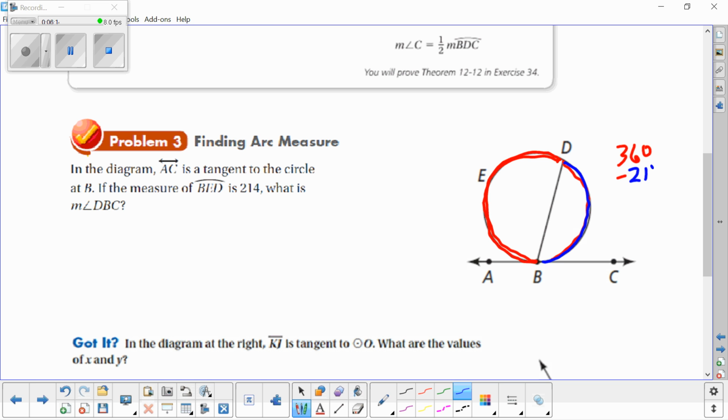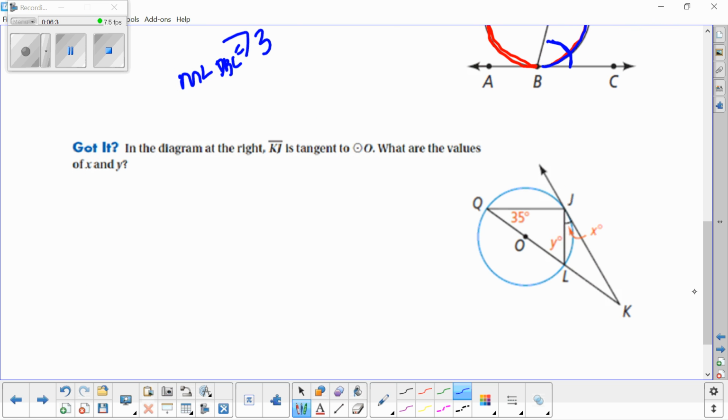So we subtract 214 and we get 146. And then for this angle, we're just going to divide that by 2 and we get 73. All right, why don't you try one of those?